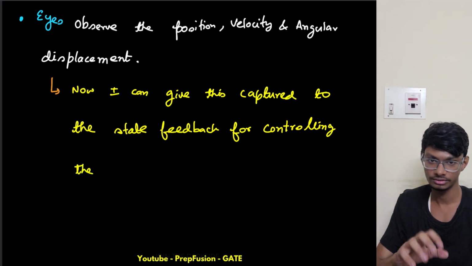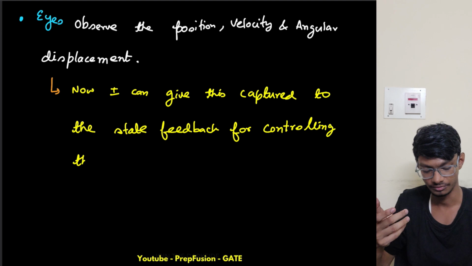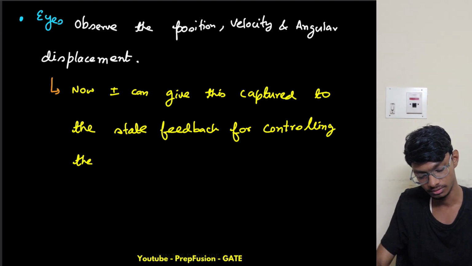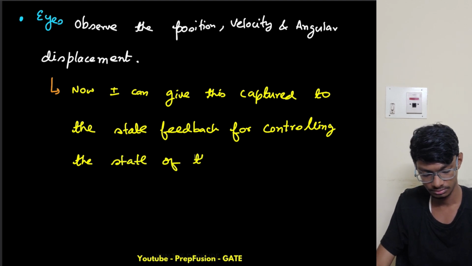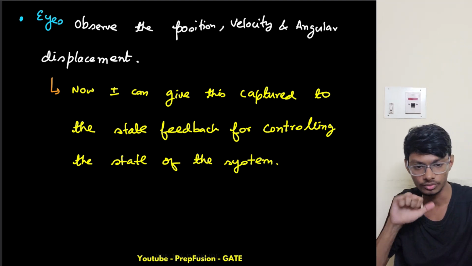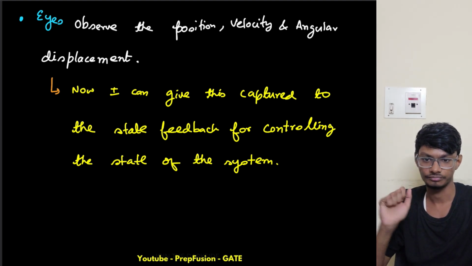How we do all this, obviously I will write it down, and then we will understand a bit better. The feedback for controlling the state of the system. So this is basically what we do.